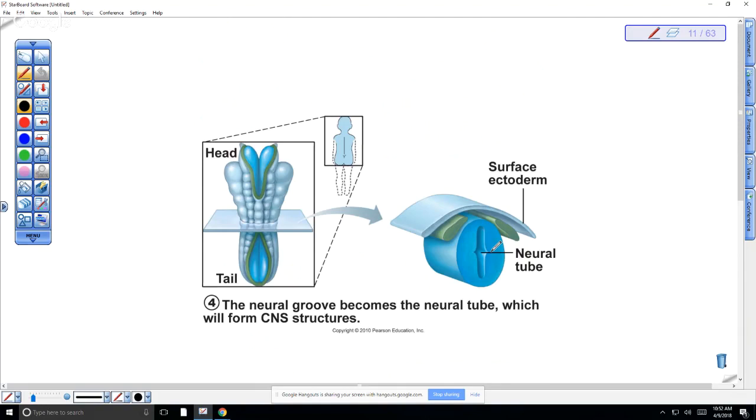The important thing here is that you'll notice that the neural tube is hollow, and it's filled with cerebrospinal fluid, which you can abbreviate as CSF.